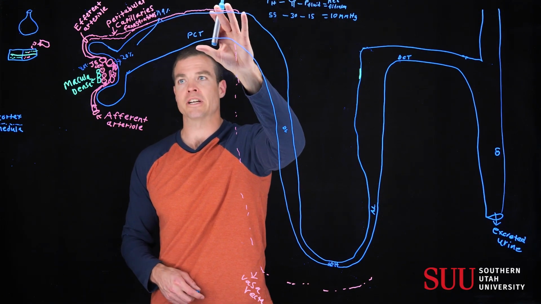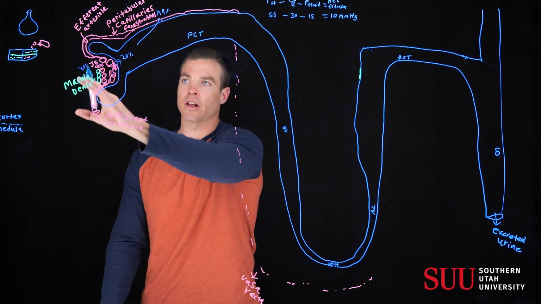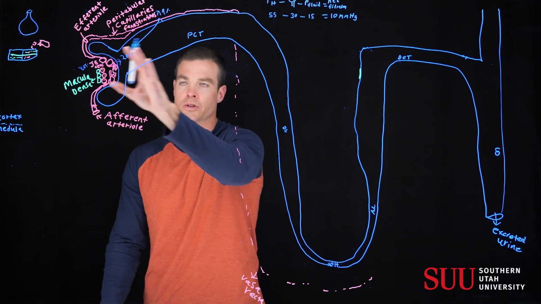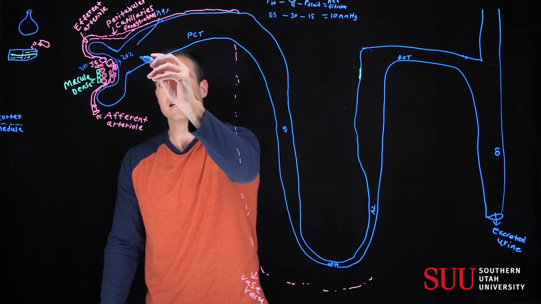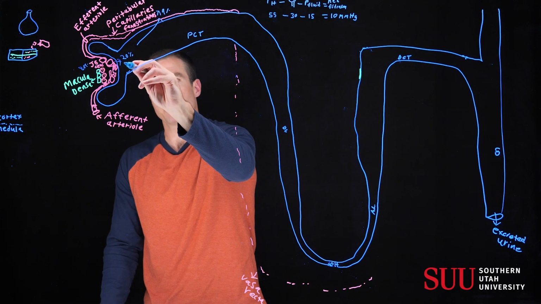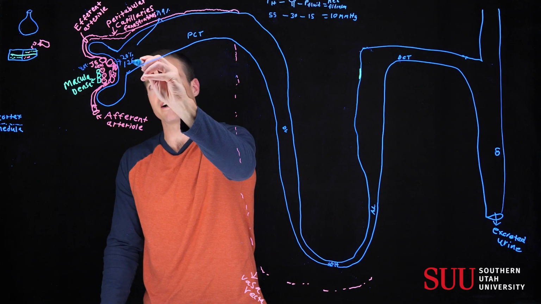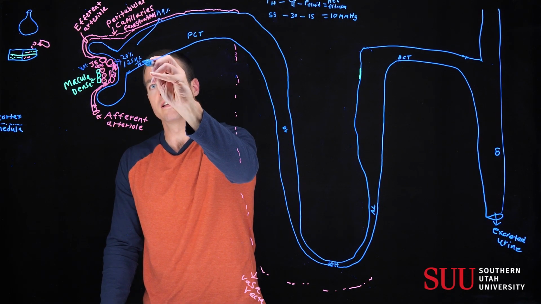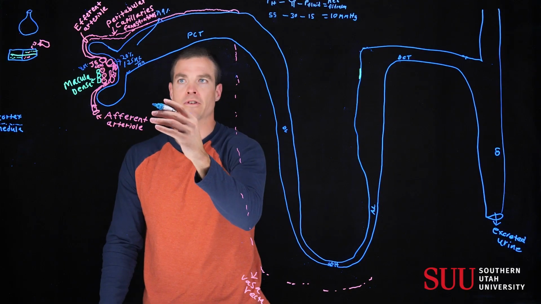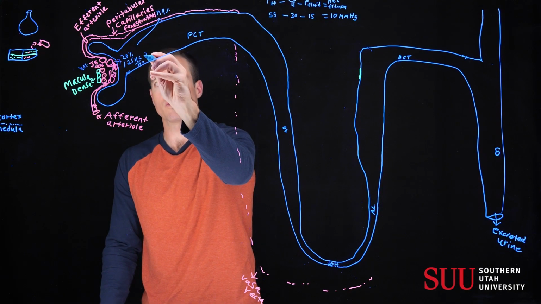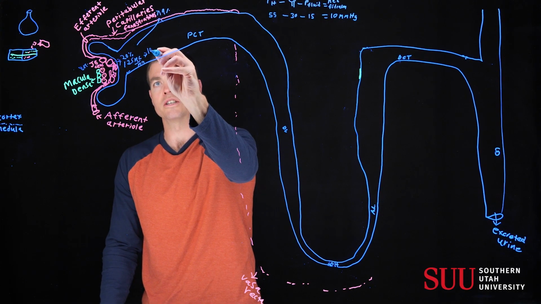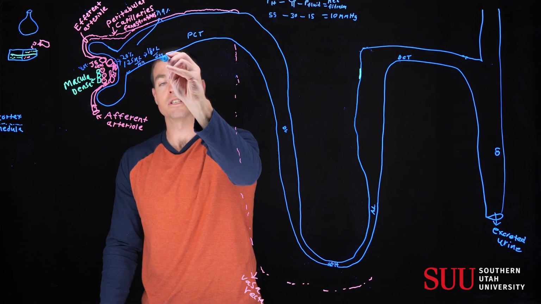So a lot of that is happening just right here. Now, a lot of blood is going through here, and so we can actually calculate what that would be. It can be measured, and it's around 125 milliliters per minute. That's the GFR, the glomerular filtration rate, which equates to around 180 liters per day, which is impressive.